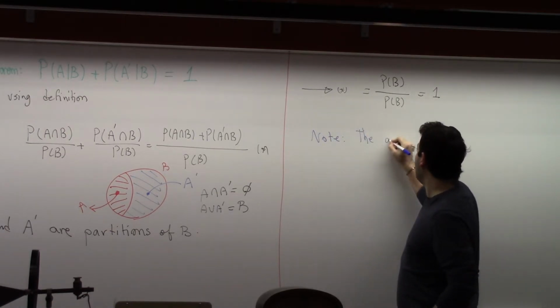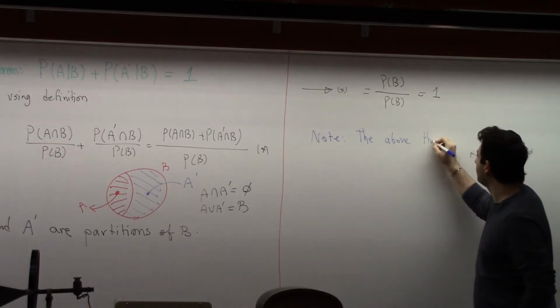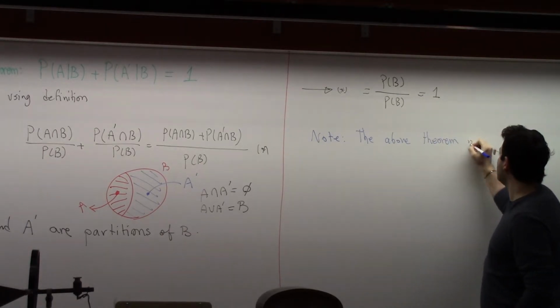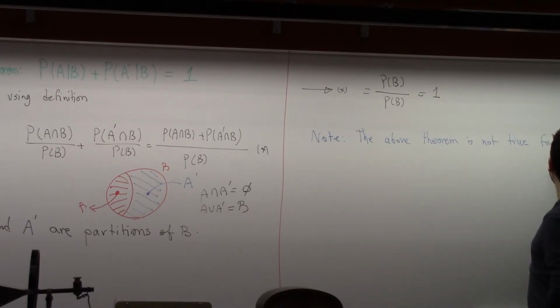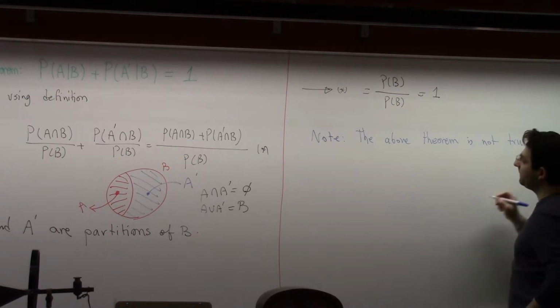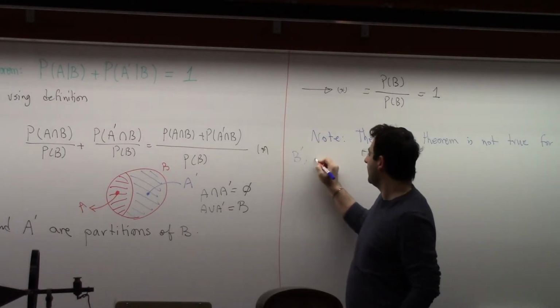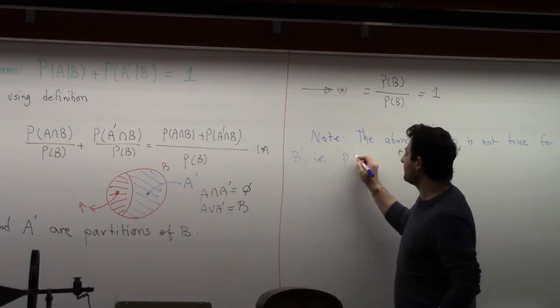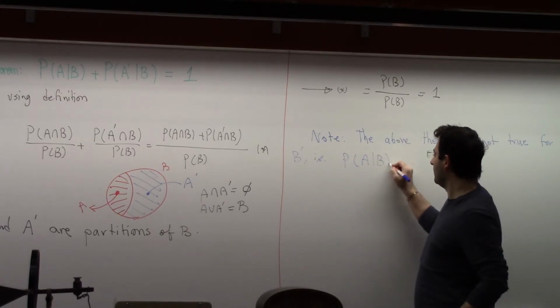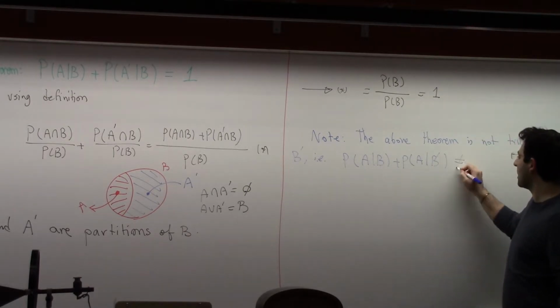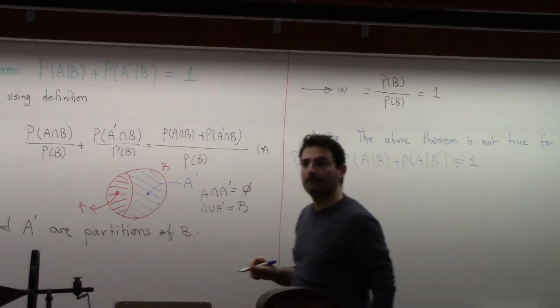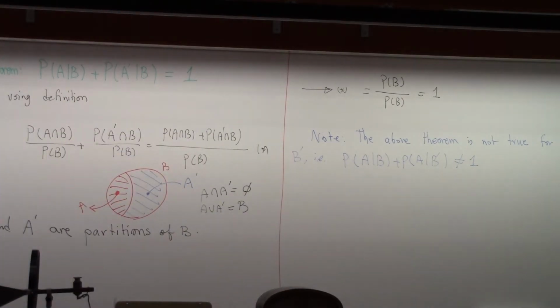The above theorem is not true for B and B prime. In other words, we cannot say that P of A given B plus P of A given B prime is 1. It's not 1. You can come up with an example where for that specific example it is, but in general it is not.